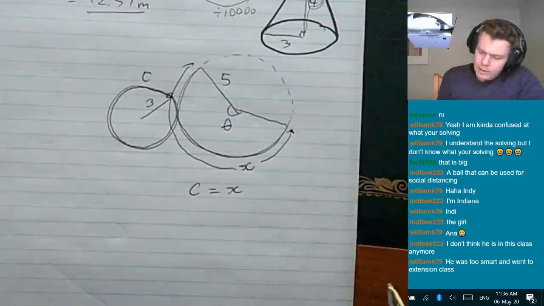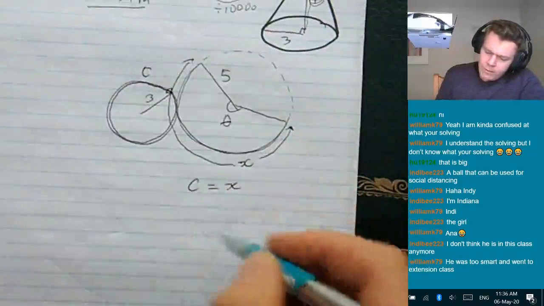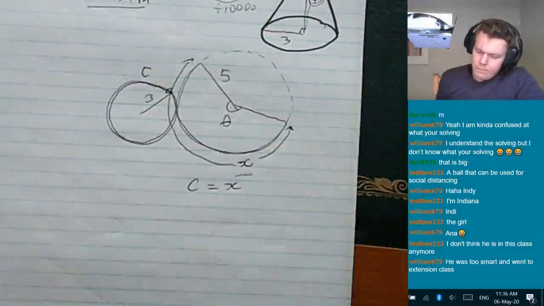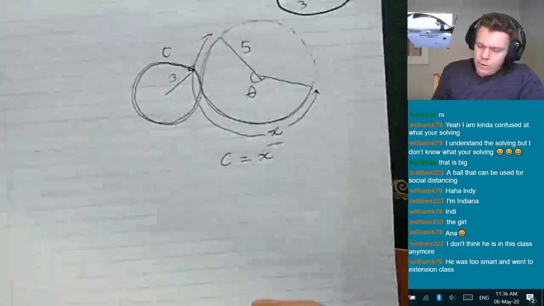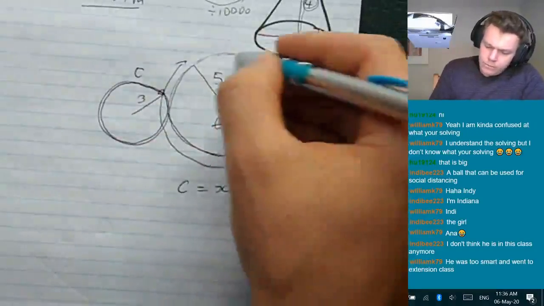To do that, we need to work out the circumference, because the circumference is x, and we also want to work out this full circle.